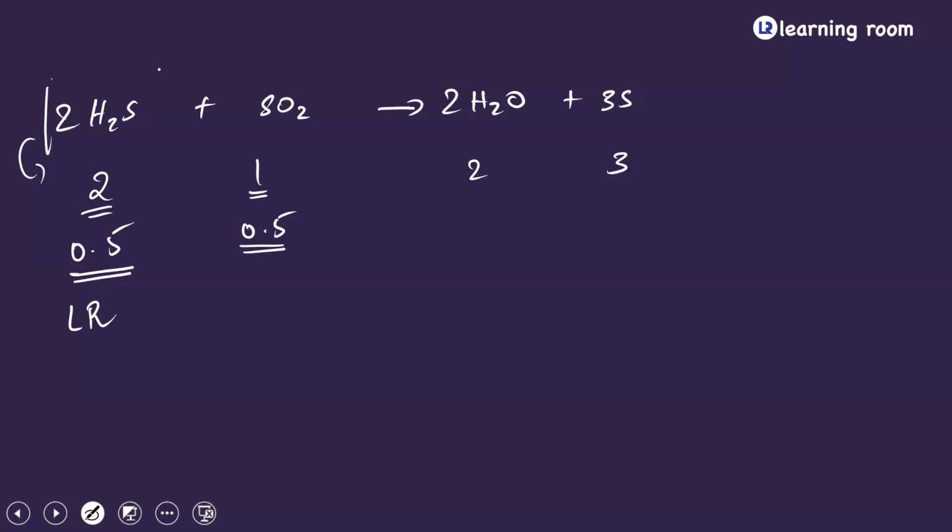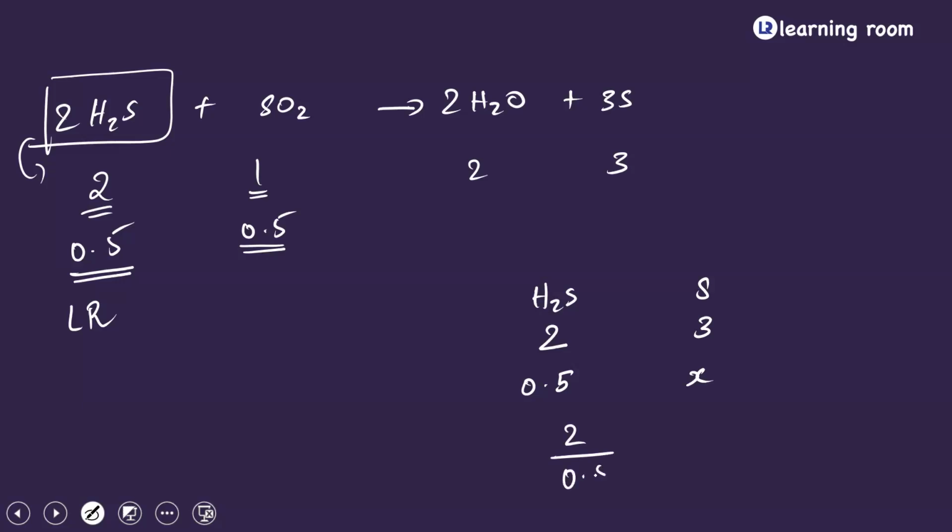Since the limiting reagent is H2S, compare H2S with the number of moles of sulfur. For 2 moles of H2S, I get 3 moles of sulfur. So for 0.5 moles of H2S, how many moles of sulfur do I get? 2 by 0.5 is equal to 3 by X. So X is equal to 3 into 0.5 by 2, which is 3 by 4, which is 0.75.